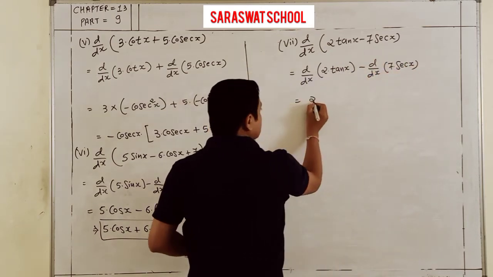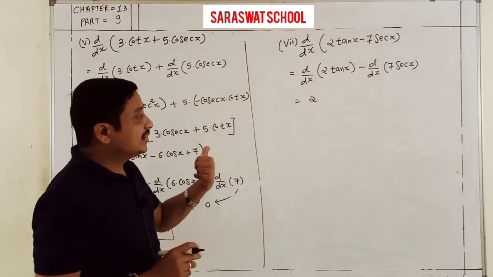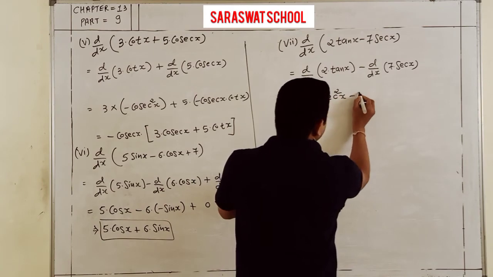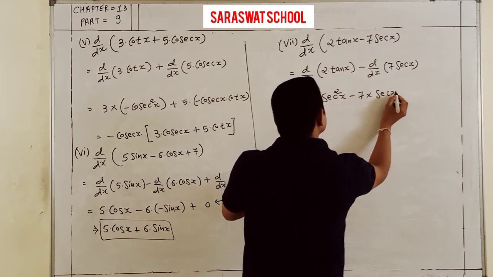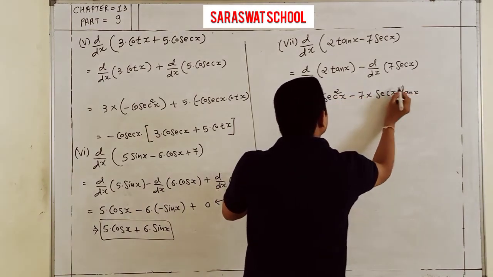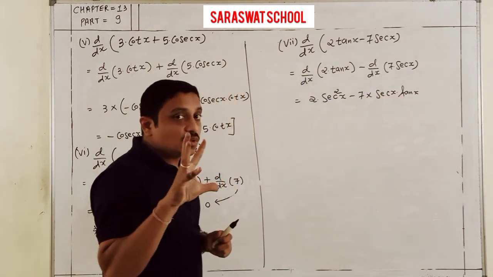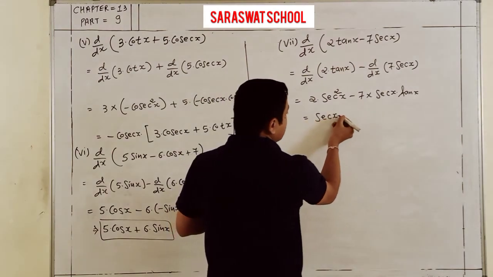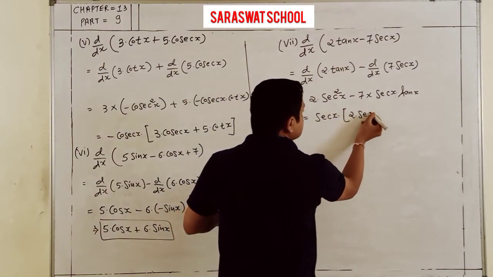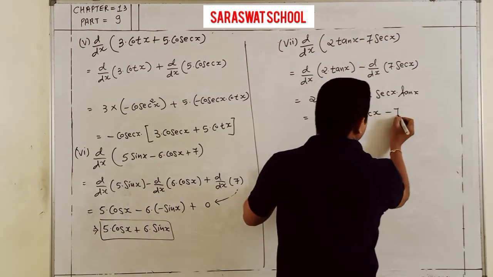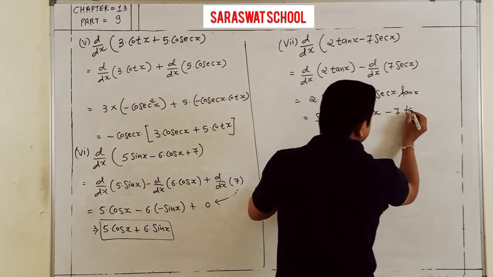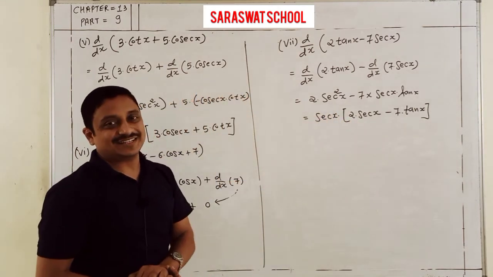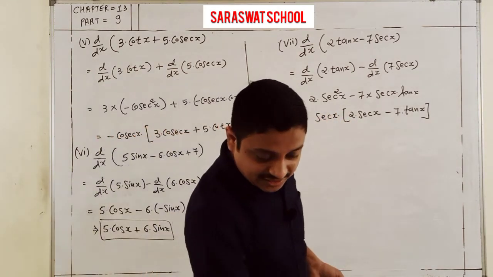The derivative of tan x is sec square x, and the derivative of sec x is sec x tan x. Now taking sec x common, the remaining is 2 sec x minus 7 tan x. That is my final answer. Students, the exercise is done.